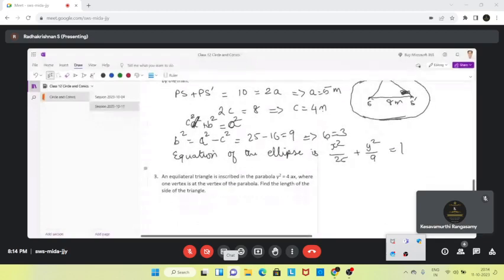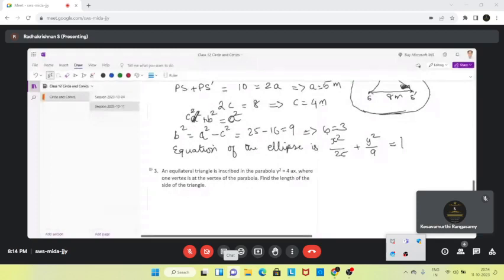An equilateral triangle is inscribed in the parabola y square equal to 4ax. One vertex is at the vertex of the parabola. Find the length of the side of the triangle. Like this, A is the focus.